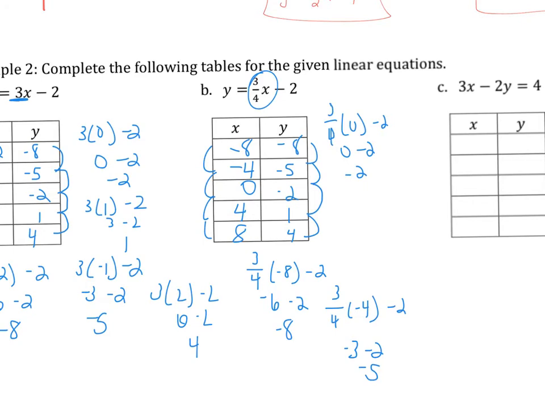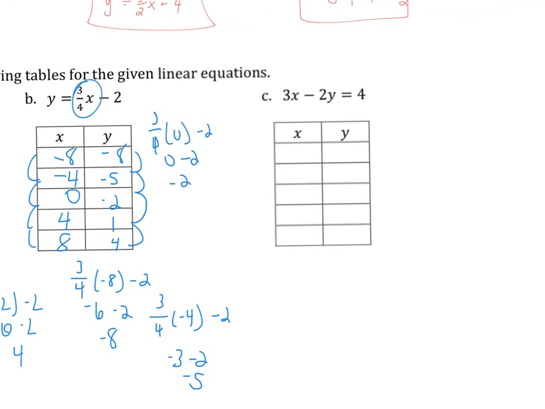So let's do that on C. What do you notice is the problem on C? First thing I notice is it's not solved for y. So that's the very first thing we have to do. So off to the side here, I'm going to solve this equation for y. Farthest thing away is 3x, so I need to undo that by subtracting. Cancels.